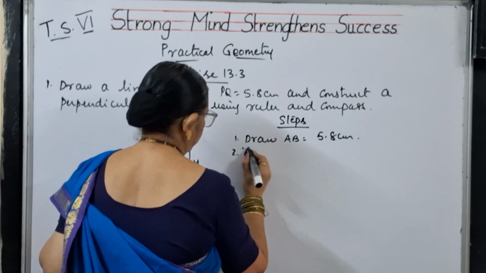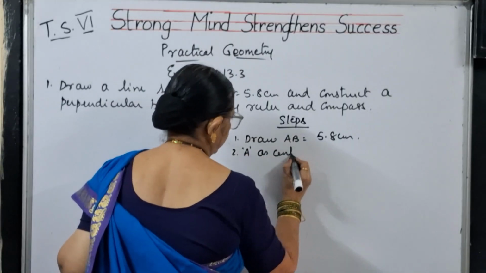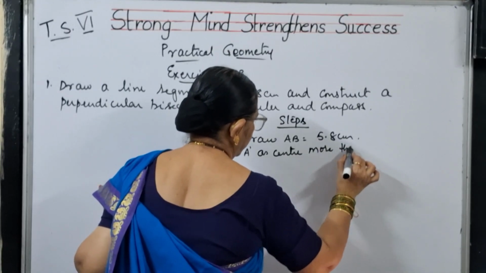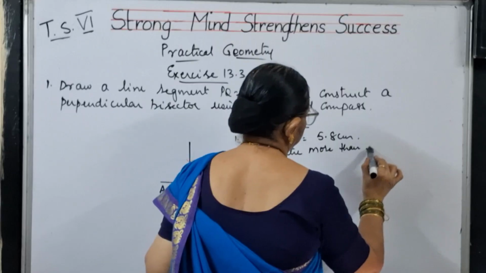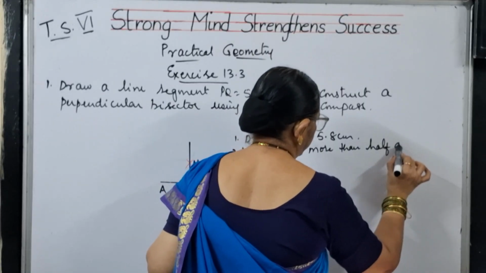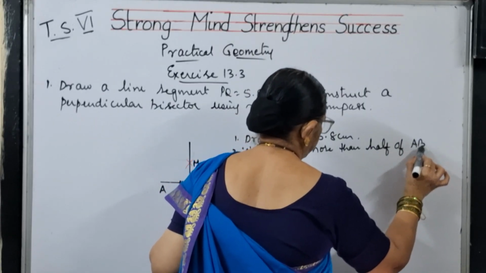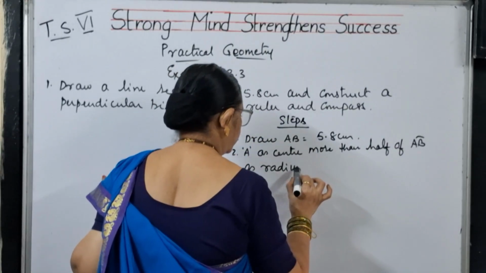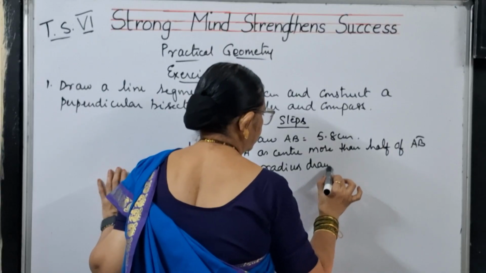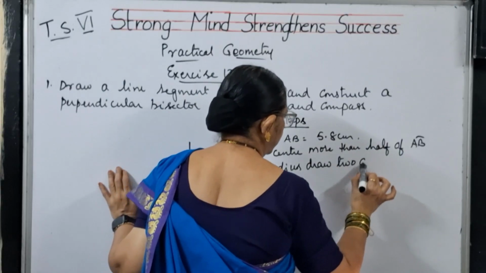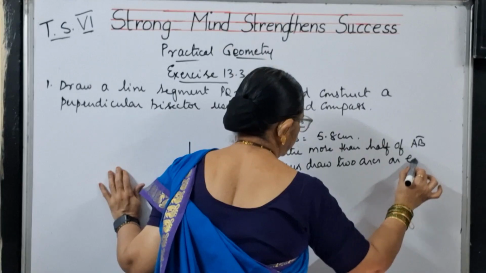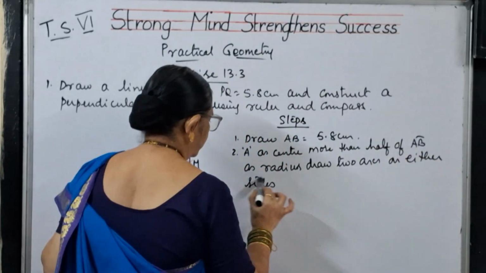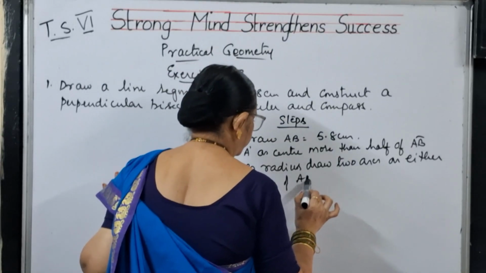Second one, with A as center and more than half of AB as radius, draw two arcs on either side of AB.